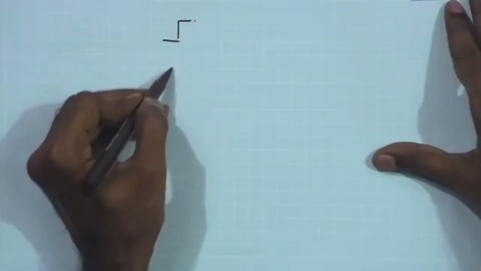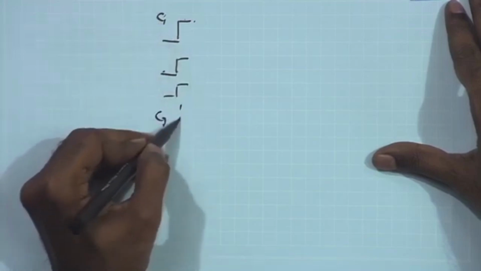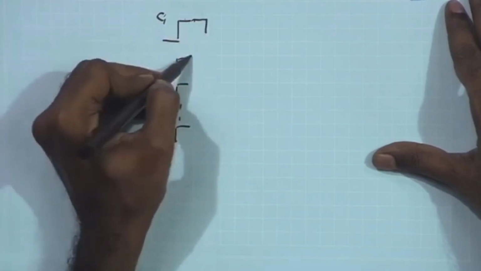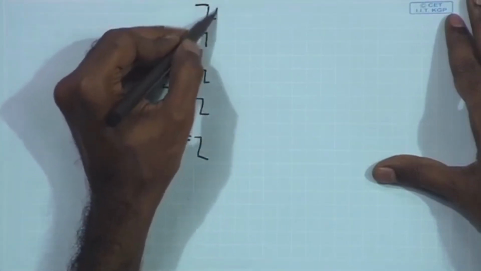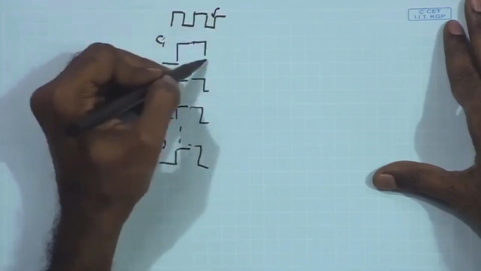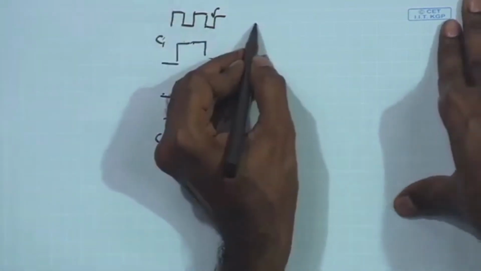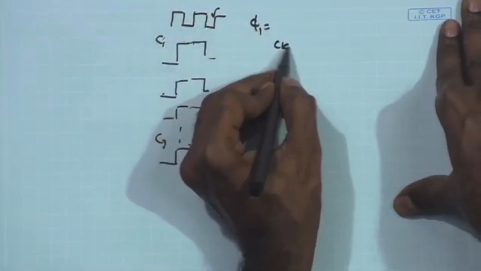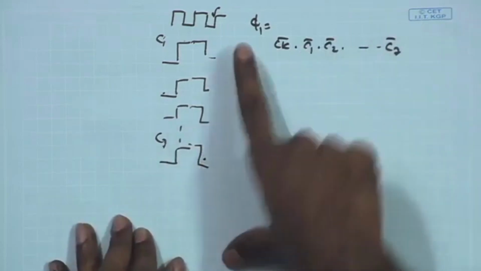So, we looked at the counting operation, and whenever all the levels are turning high, say C 1 to C 7, all of them at some instance are turning high and then finally going low, and we used the low phase of the clock, and we said that it is negative edge triggered, and we said that we are going to AND this clock bar and C 1 bar, C 2 bar, C 7 bar to generate the phi 1 pulse. So, the phi 1 pulse was given by C k bar dot C 1 bar dot C 2 bar dot C 7 bar. That is how we generated the phi 1 pulse.